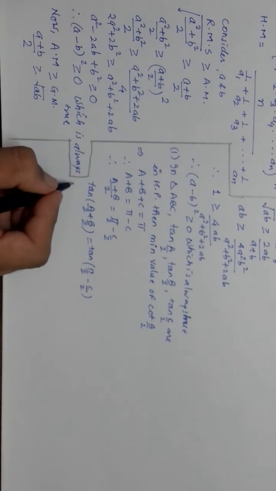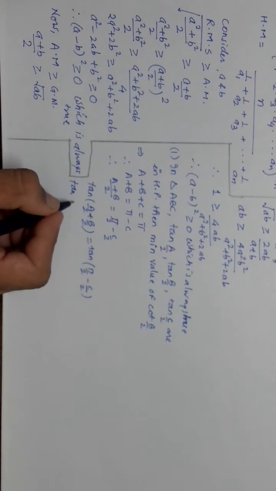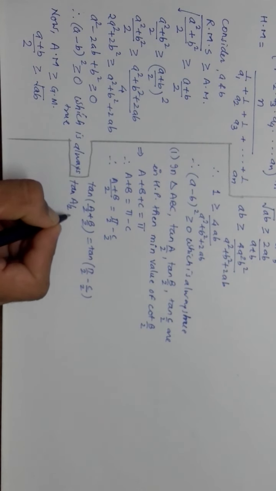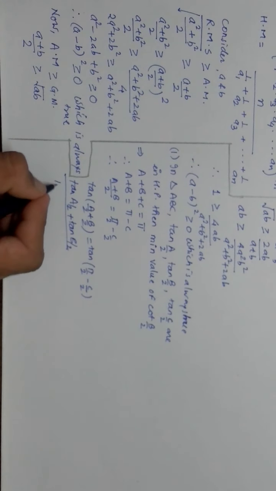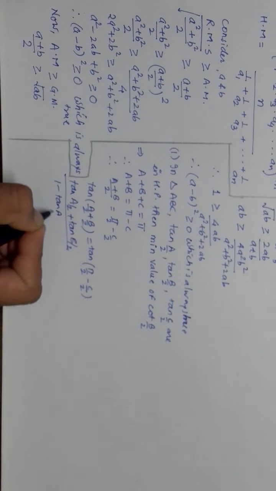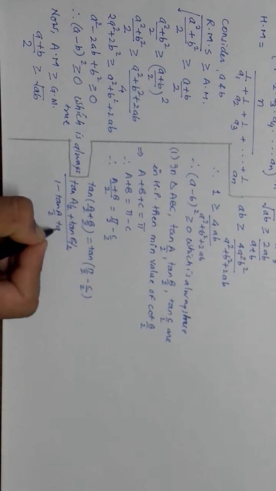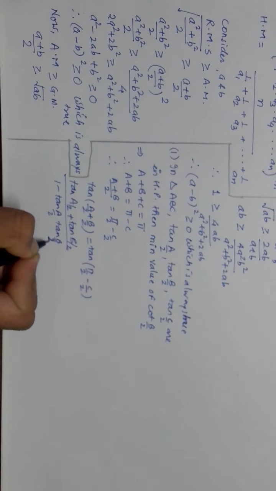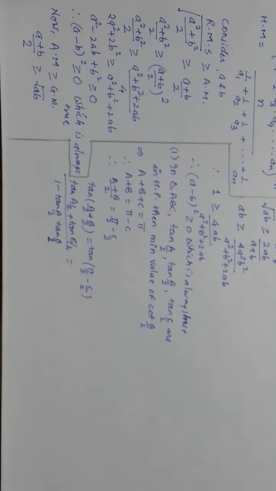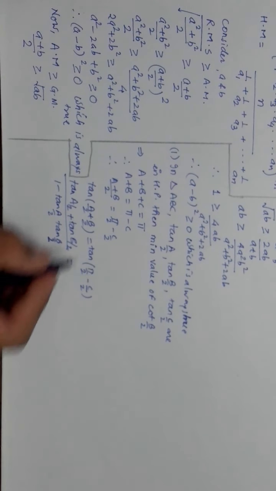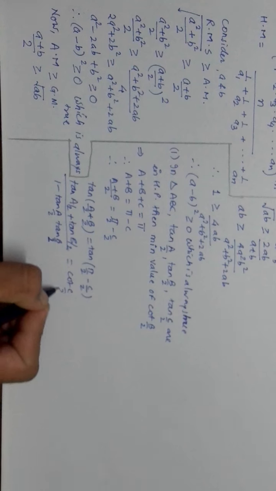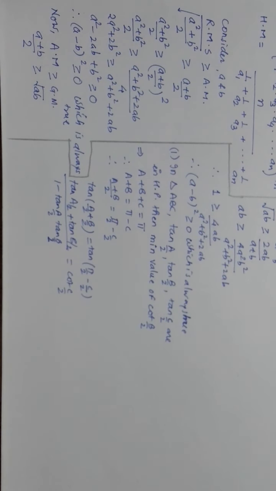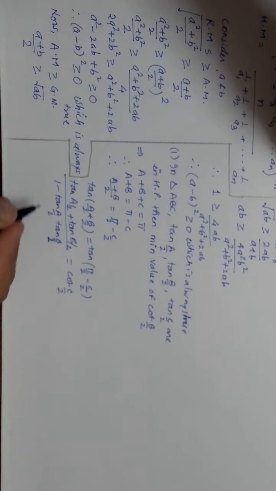Agreed? So using the tangent formula of A plus B, that is tan A plus tan B upon 1 minus tan A tan B. If you know the result, it will become very simple to solve, but if you don't know the result, it will take a bit of time. So it will become equal to tan of (90 minus theta), which is cot theta, so cot C by 2. Agreed? So I will convert it into tan and cross multiply.